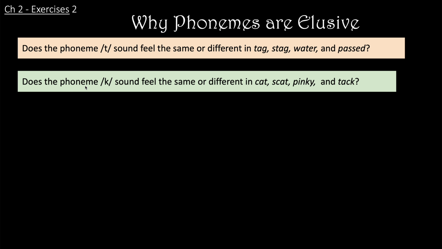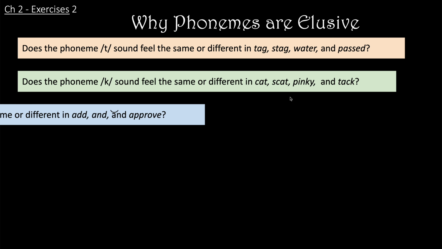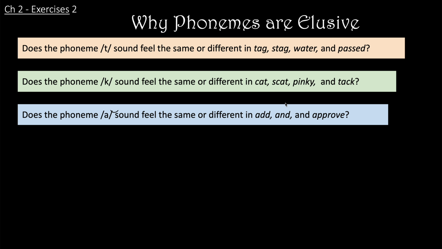Now, looking at K, same thing. Can you hear that same or different in cat, scat, pinky, and tack? Same sound, very slight differences. There's enough of a sound there that you know that it's going to be a k. But if you understand that there's a slight difference, that helps to explain why some students might make those errors and have some of those omitted.